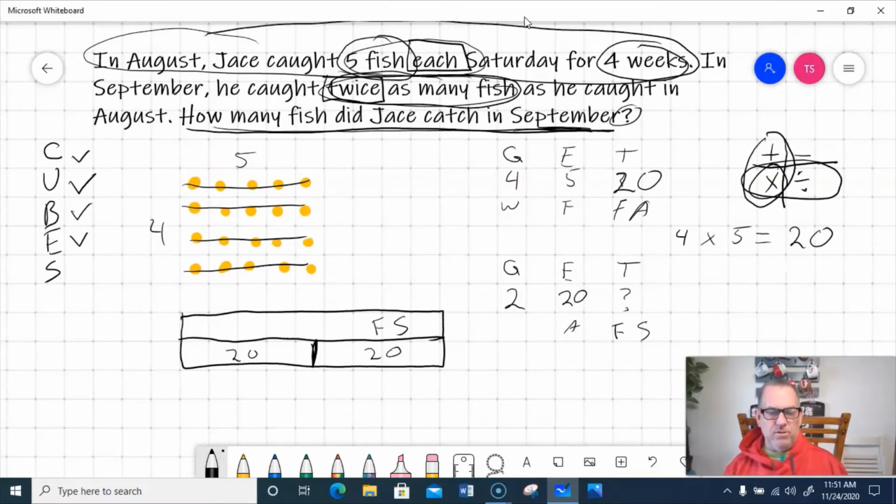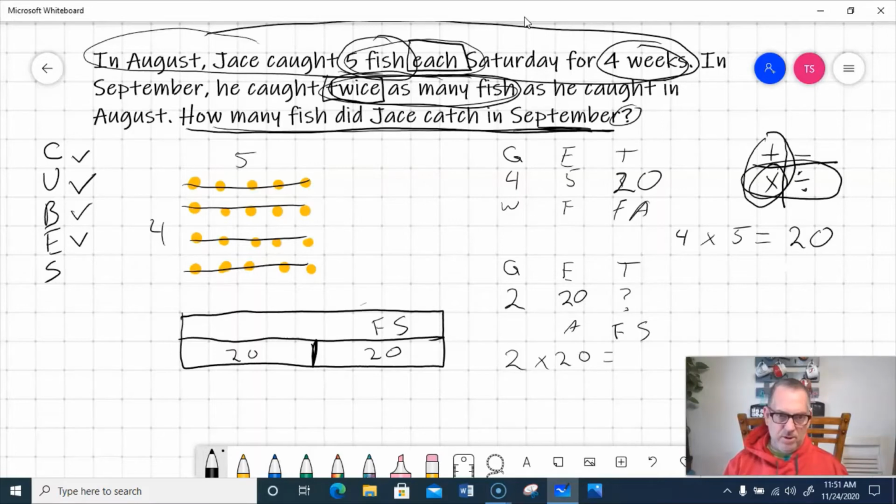It's going to represent twice as many fish. Whenever I got the get strategy and I got 2 groups with 20 in each group, that sounds like 2 times 20. So figure out what 2 times 20 is.